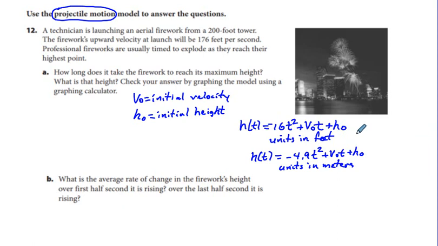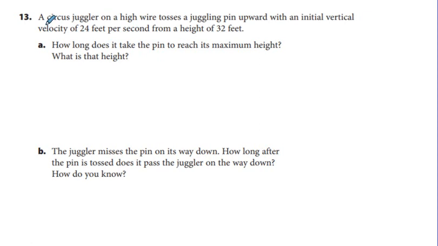Even though we have variances in the gravitational field all around the Earth due to differences in elevation and irregularity of the shape of the Earth, and from tides, from influences of the moon and sun, still these two equations represent projectile motion quite accurately. So we're going to be using these equations as we go forward. And we're going to do the odd number problems in this set, starting with number 13.